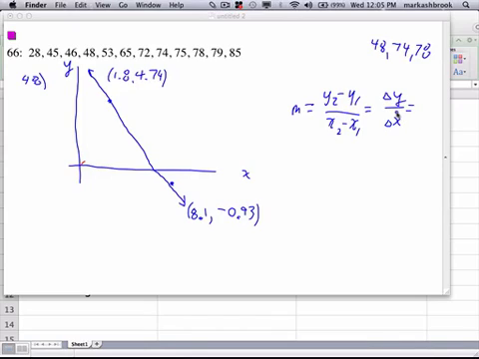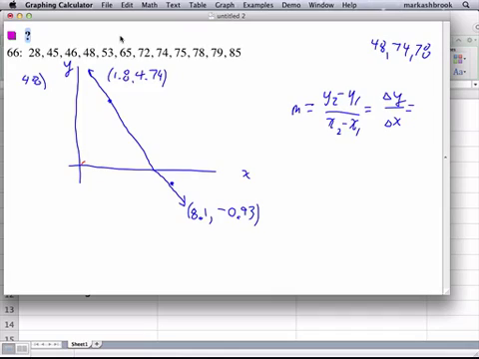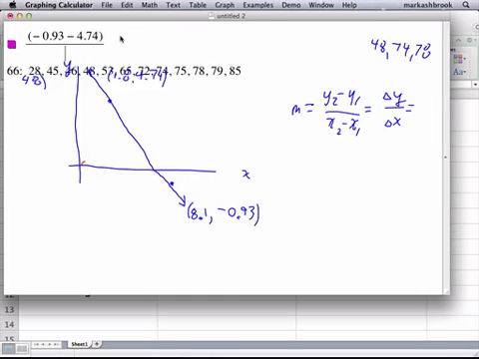Okay, so what do you get when you do this? Quick. Negative 0.93 minus 4.74 divided by 8.1 minus 0.8.